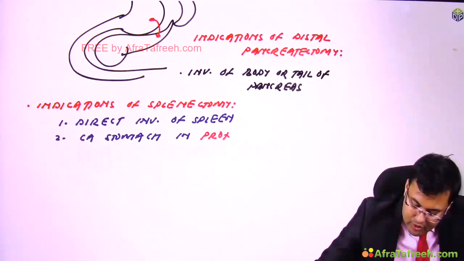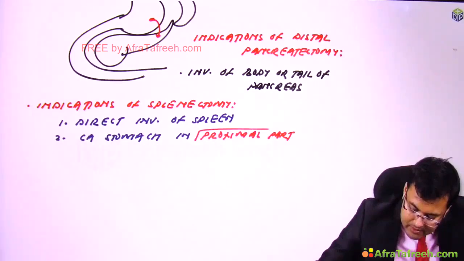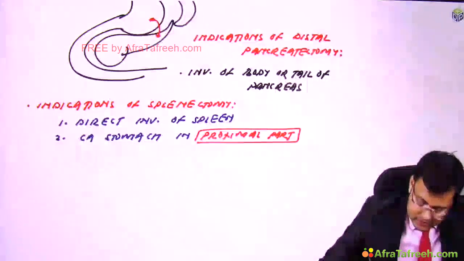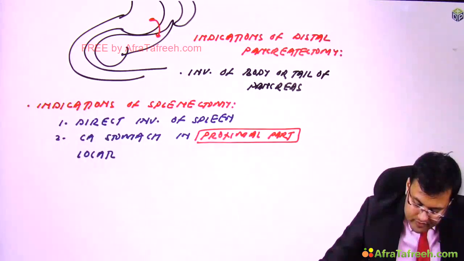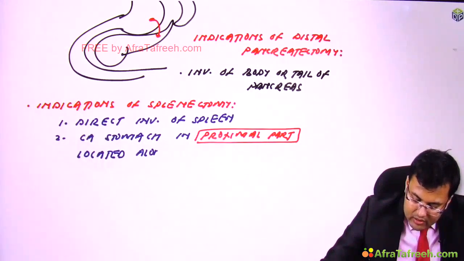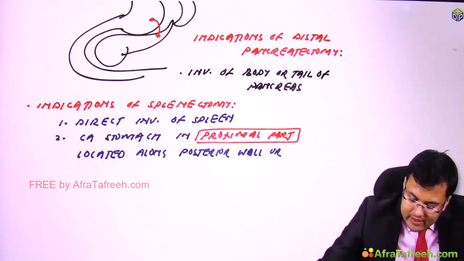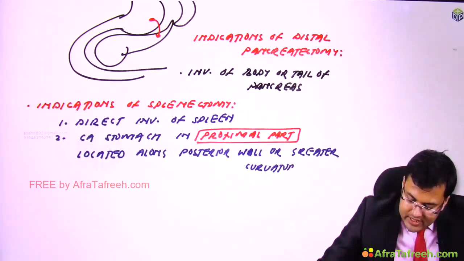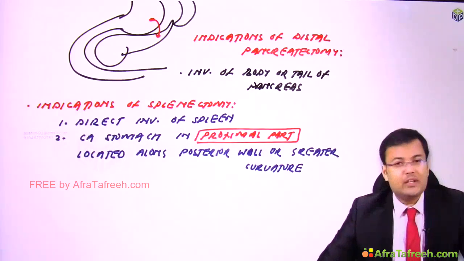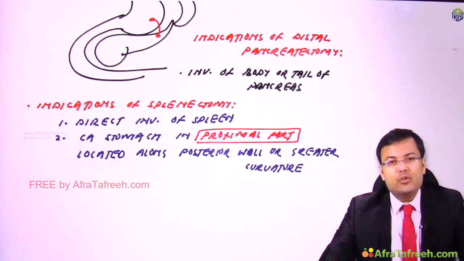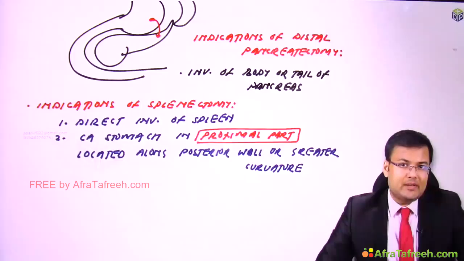In proximal part, located along posterior wall or greater curvature. So in these cases, we go for routine splenectomy. So this is how we are going to manage the carcinoma stomach.